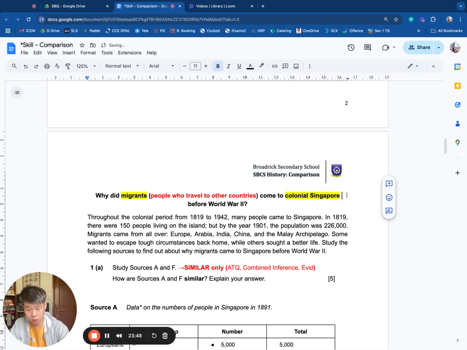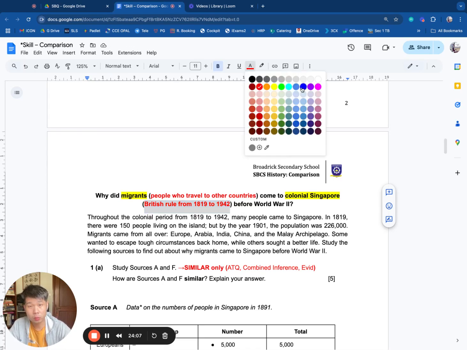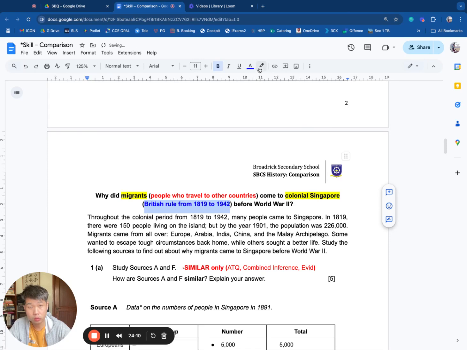So this is British rule from 1819, that's the 1819 treaty, to 1942. 1942 is when the Japanese invade and conquer Singapore. So this is about 123 years of British rule here before World War II. And that's perfect because World War II is the war that starts in 1942. So this war is 1942 to 1945.